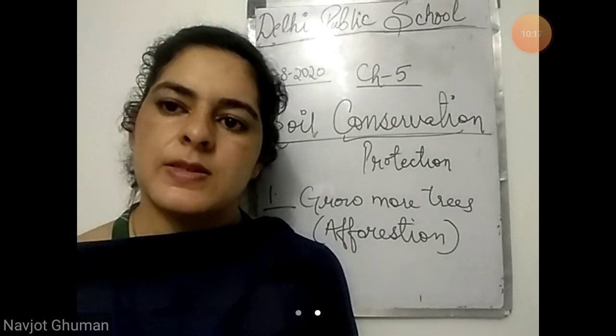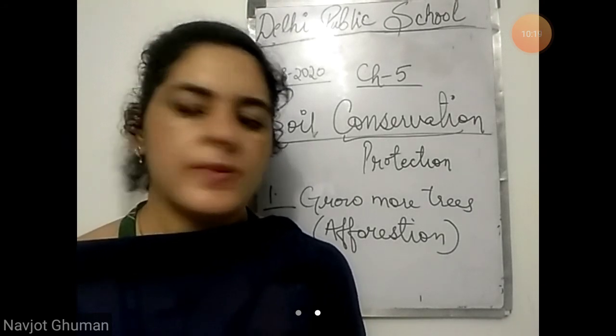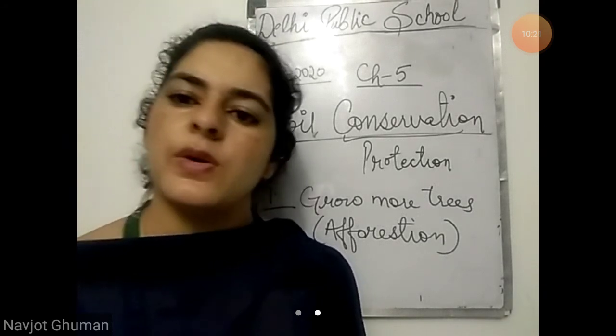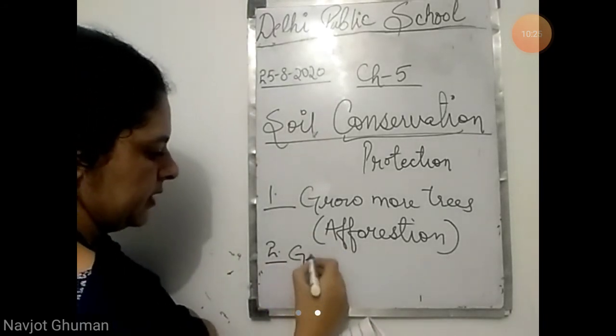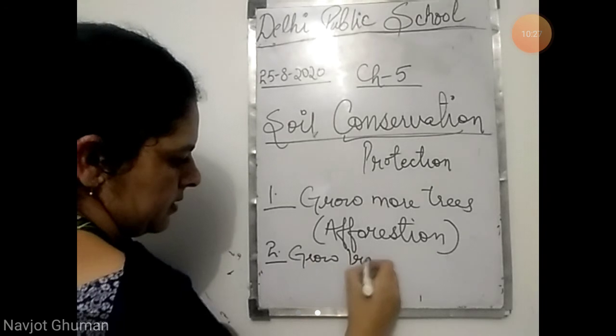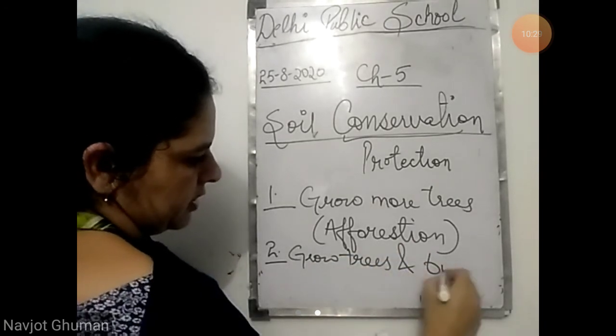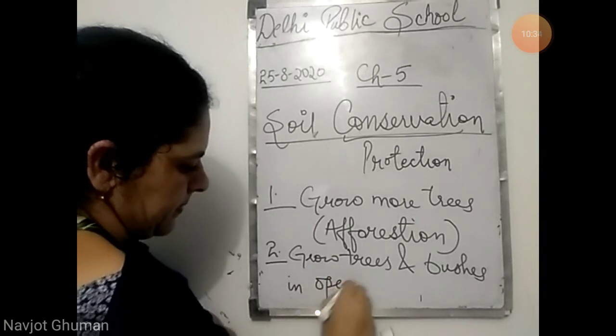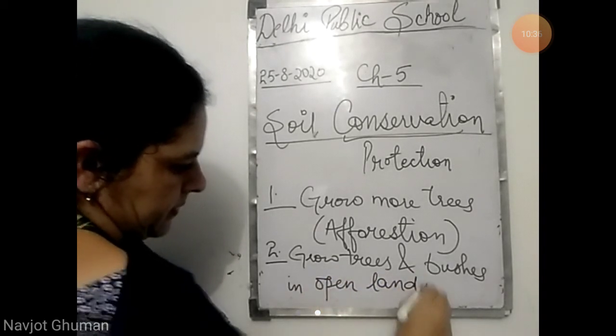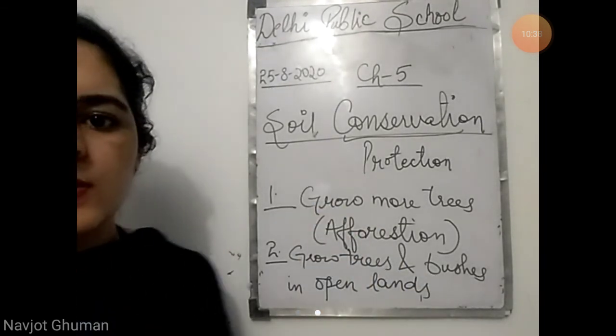When the winds with high pressure blow, they will not take the topsoil along with them. So next is grow trees and bushes in open lands. This is the second step in soil conservation.